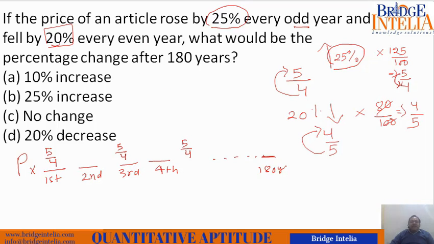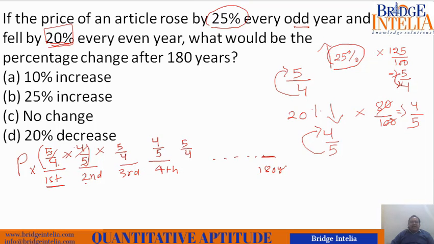Whereas every even year, it fell by 20%. So falling by 20% means 4 by 5. So every even year, you would be multiplying it with 4 by 5. So what is the overall effect? You can see 5 by 4 into 4 by 5. If you multiply, they cancel each other out.